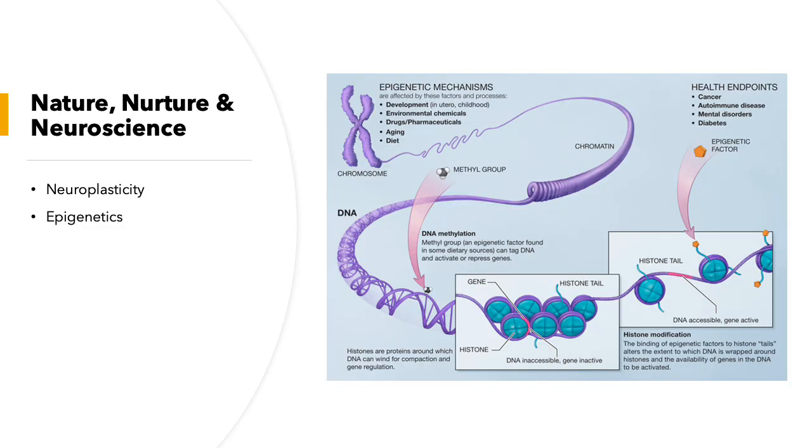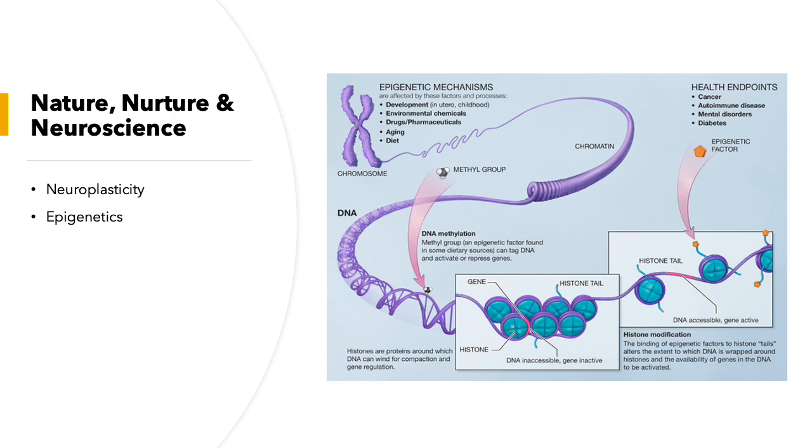All right, now we're just going to end the first week of developmental psychology with a look at nature, nurture, and neuroscience. It used to be nature versus nurture, but now we know it's nature and nurture.